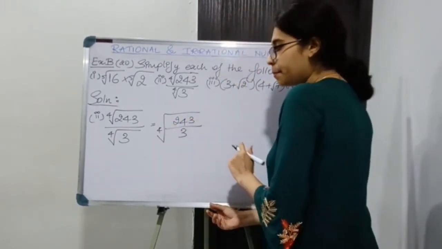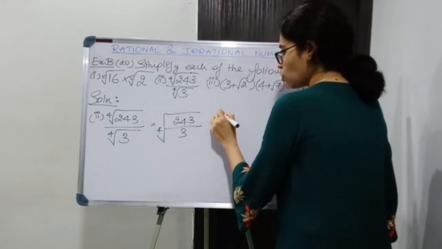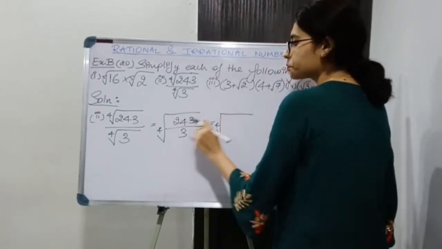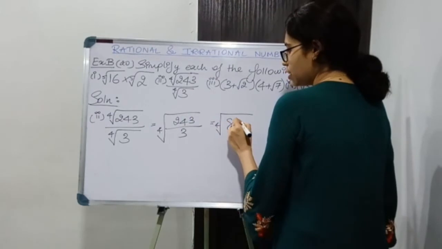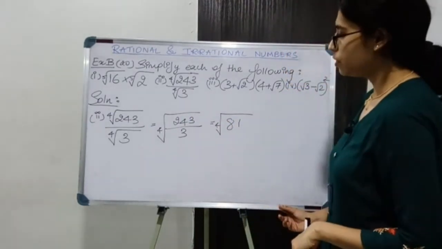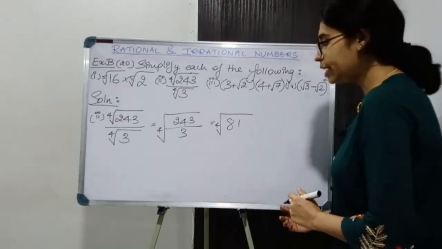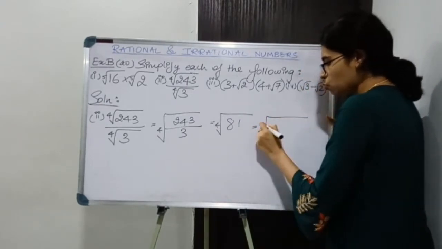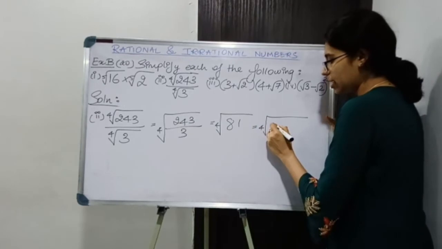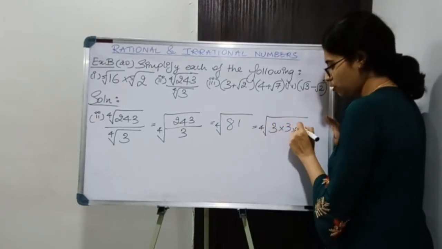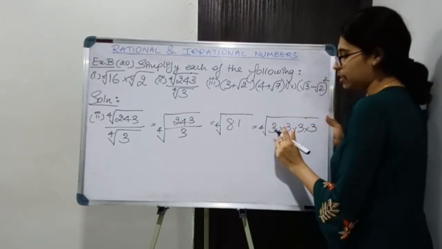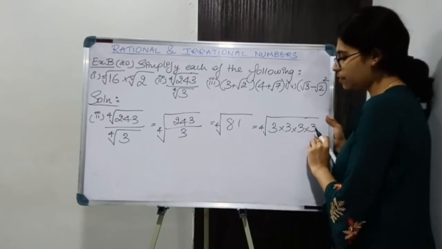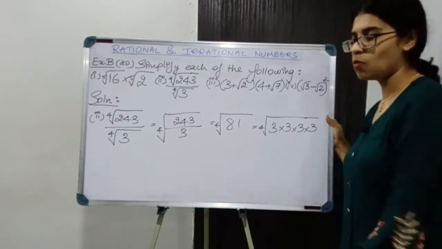Now I'll divide it by 3. So I'll get 81, 3 8s are 24, 3 1s are 3. So fourth root of 81. Now I factorize 81. When I factorize 81, I'll get 3 into 3 into 3 into 3. That is 3 3s are 9, 9 3s are 27, 27 3s are 81.